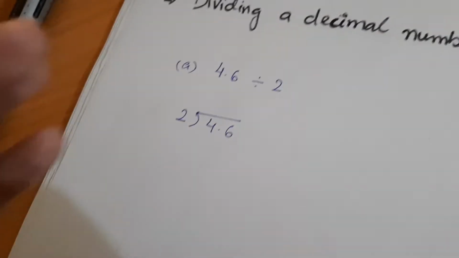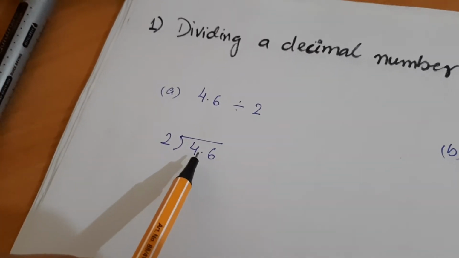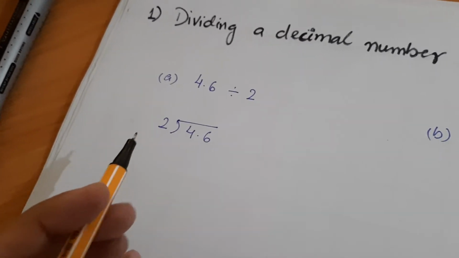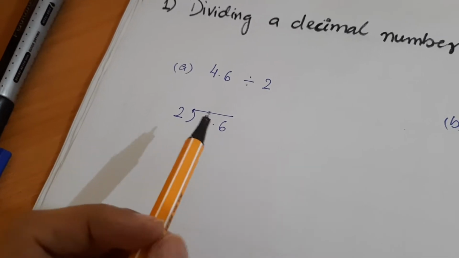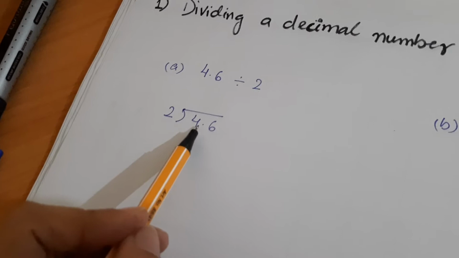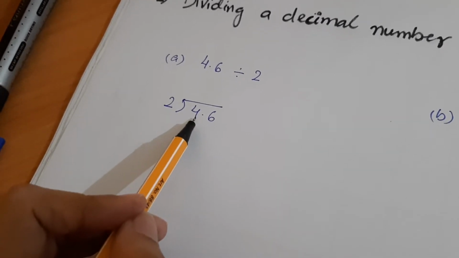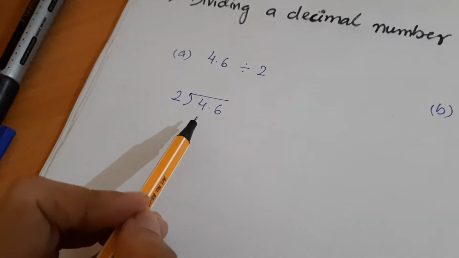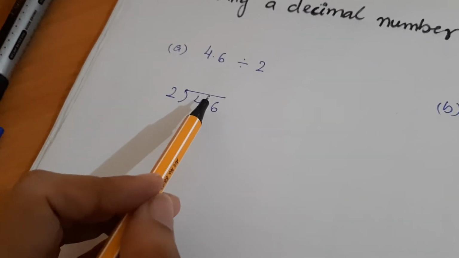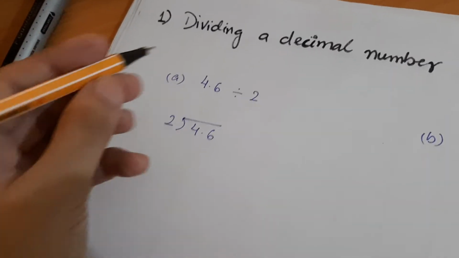We are just going to treat this decimal number, the dividend, as a normal whole number. It's just that once we are done solving the number that is right before the decimal point, in this case it's 4, right after we are done doing this, then we will put the decimal on the quotient. So see how I am going to do it.